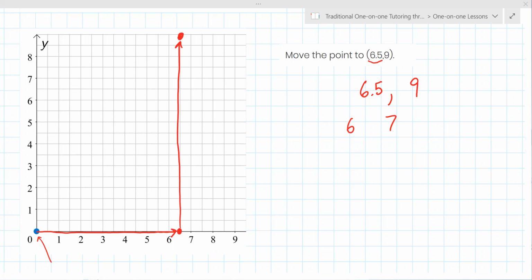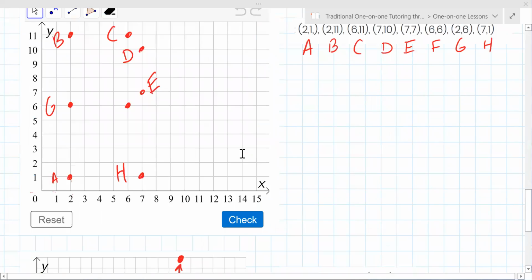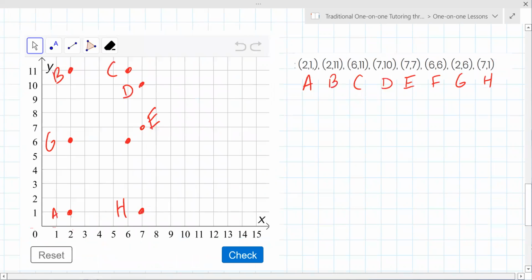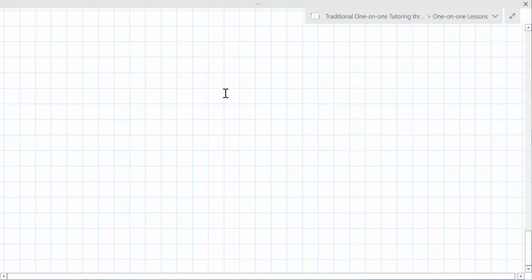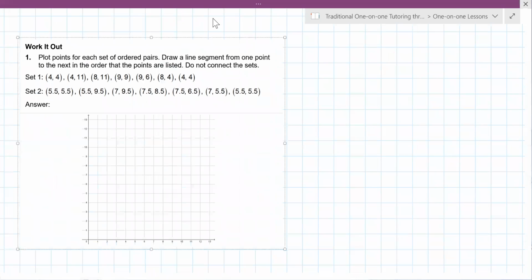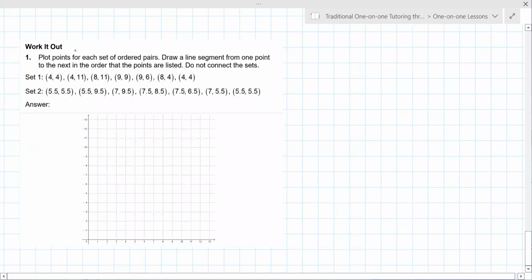Right. And then we finally get to your mini project. Let me go up and grab that question, and we'll start fresh with it down here. You do a lot of graphing as you move through math. It's good that you've got this down. So it says plot points for each of the ordered pairs.